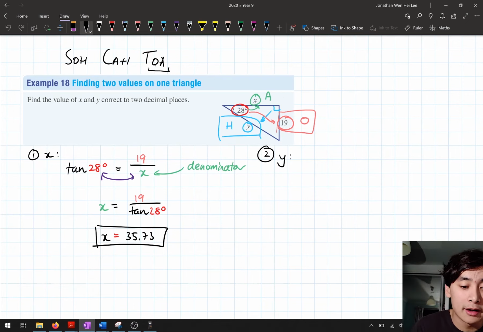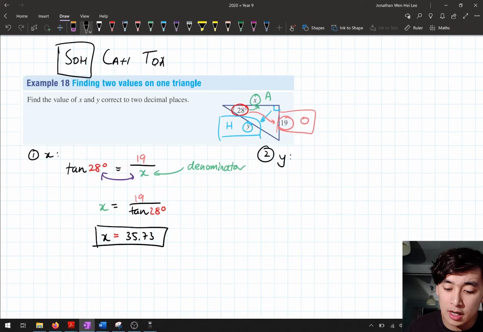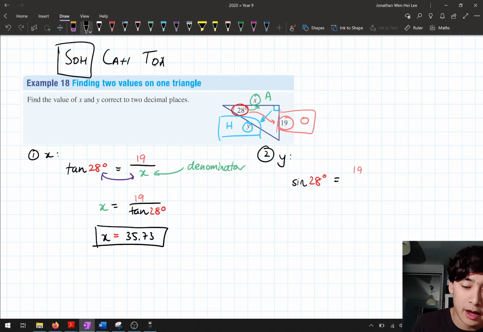Let's have a look at my trig ratios. Which one has O and H? It is sine. So here I'm going to go sine, my angle, 28 degrees, is equal to opposite over hypotenuse, so O over H. So 19 over y.